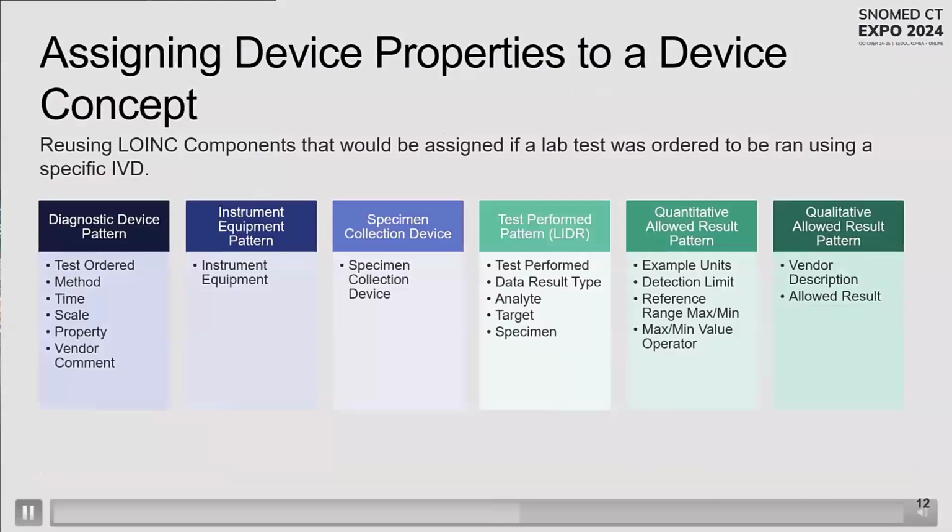And not only are we using the UID, but we're also assigning device properties to these devices that are coming from LIDR. If you look at the left side of your screen, some of these may be familiar because they are coming from LOINC. But as we go across the screen, you can see that the instrument equipment also has a pattern, and we get that information coming from our vendors to populate the instrument equipment.